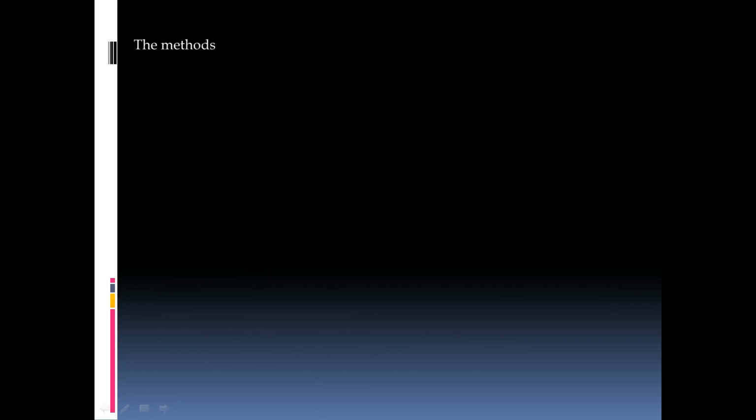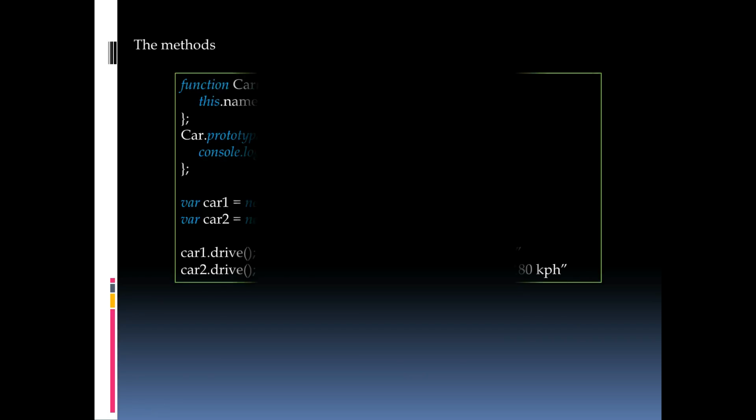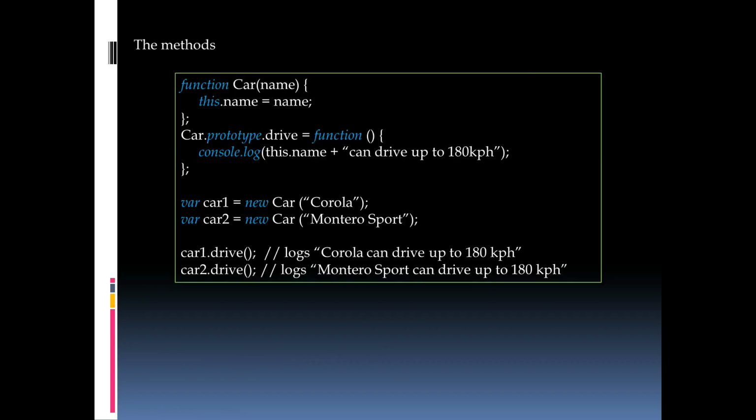We can also add methods in the constructor. Methods are an object capability. So for example, here in our car, we can add car.prototype.drive equals to the function that this car, or the name of the car, can drive up to 180 kph.